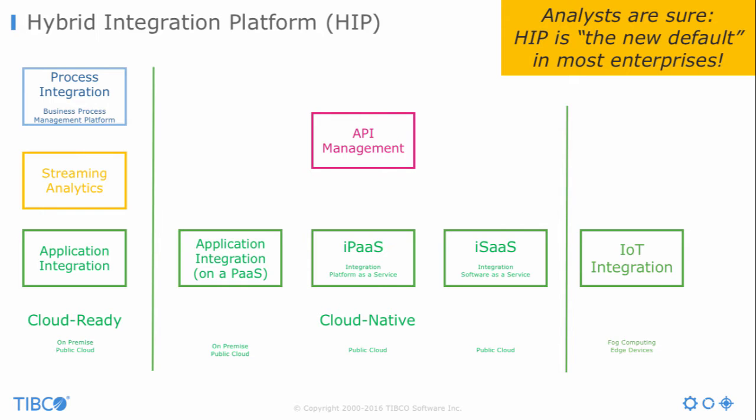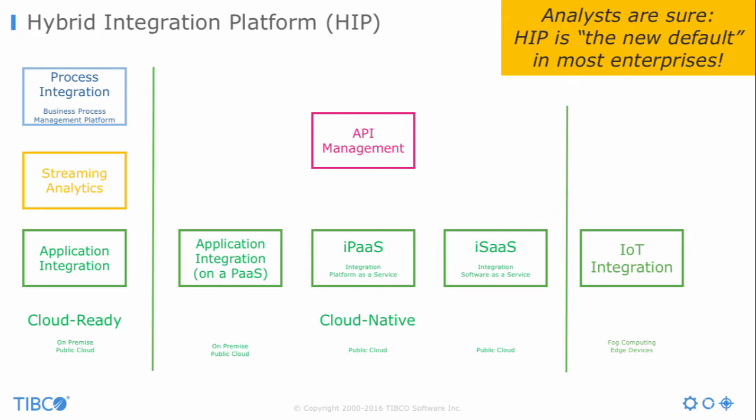And in the middle you see a lot of different options of modern integration components like application creation on a platform as a service like Cloud Foundry or Kubernetes, like iPaaS, which is hosted by a vendor, or like iSaaS, which is for the business users, for the ad hoc integrators. And on top then there is API management to expose your APIs to other users.